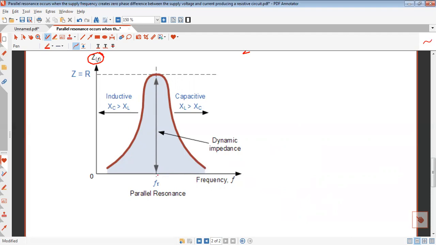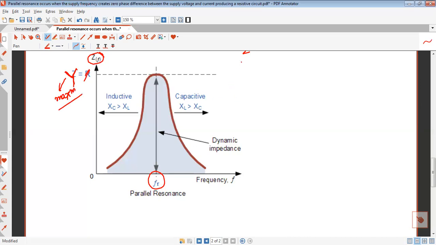During the resonance frequency fr, what will happen? Y will be maximum.